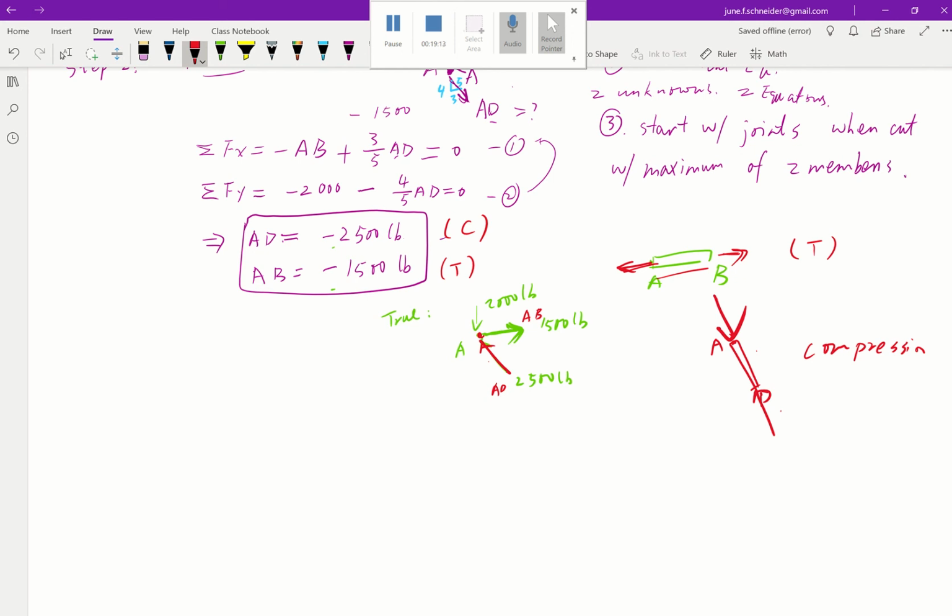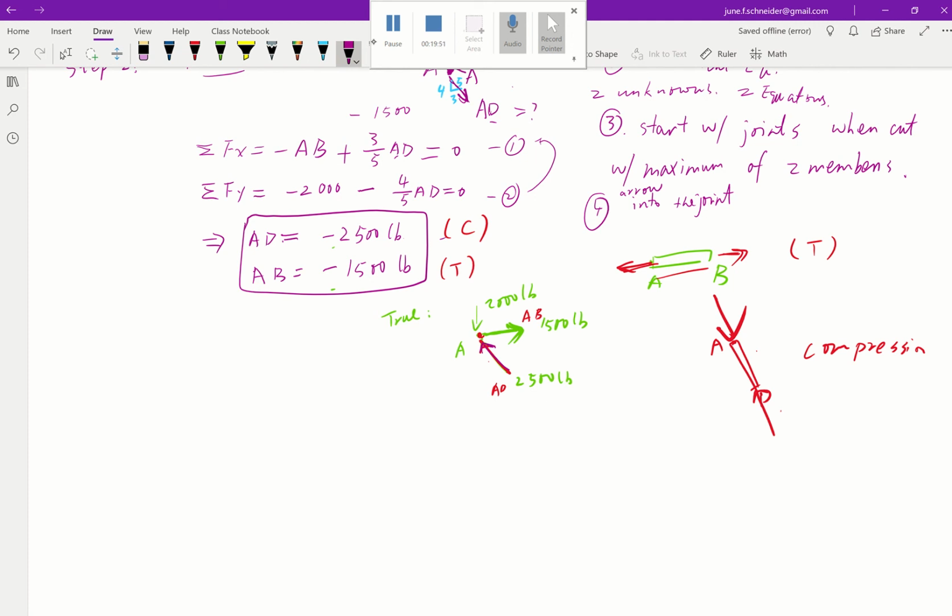If every single time we have to do this, it takes a while to figure out the compression or tension. So here, we're going to come up with another important pattern. If the arrow, based on the true direction, is into the joint, is this arrow pointing into the joint?